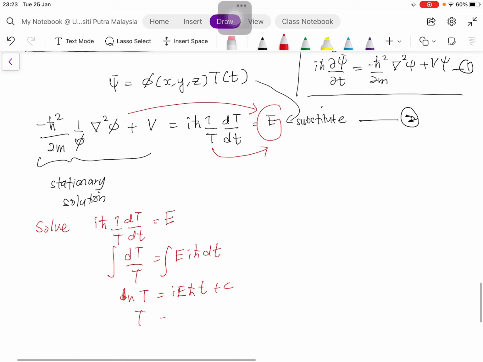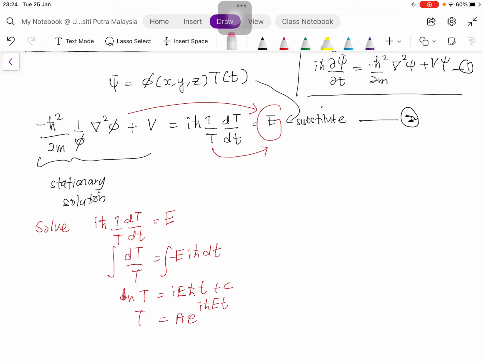But then you have t, this is none other than some exponential, sorry, you have a minus sign because it becomes minus i h bar.